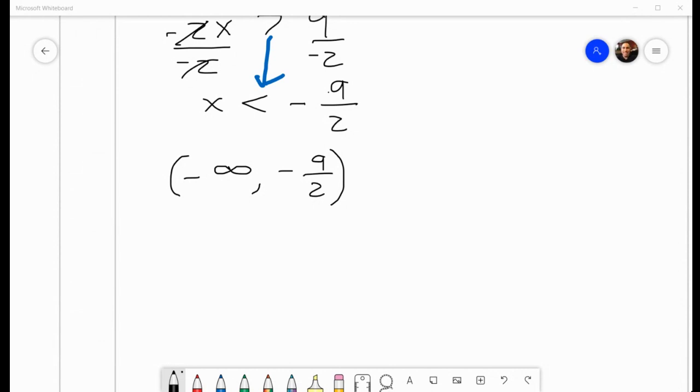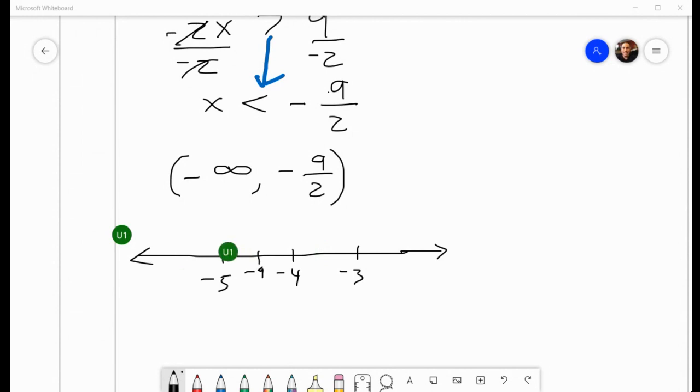Now for fun, let's graph it. All right. Negative 9 over 2, that's between negative 4 and negative 5, right? So I'm just labeling some numbers.